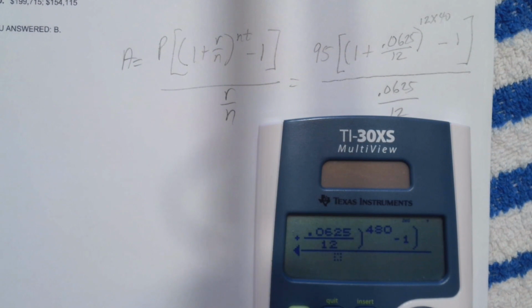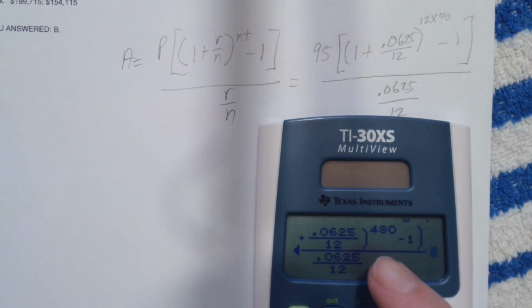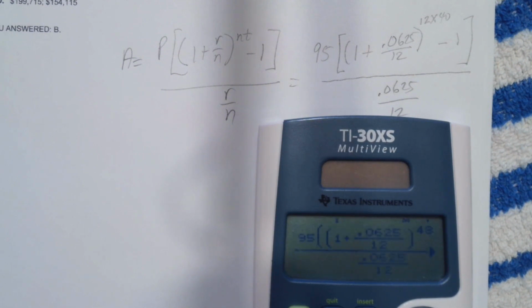I think that's what happened, because if you don't put the minus 1 in, you get the answer that you got. So fraction button, 0.0625 over 12. I usually like to arrow out of there. Again, as you're plugging in the numbers, make sure that you're getting things punched in correctly.